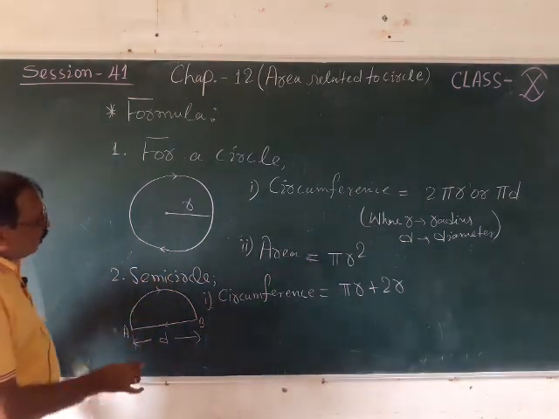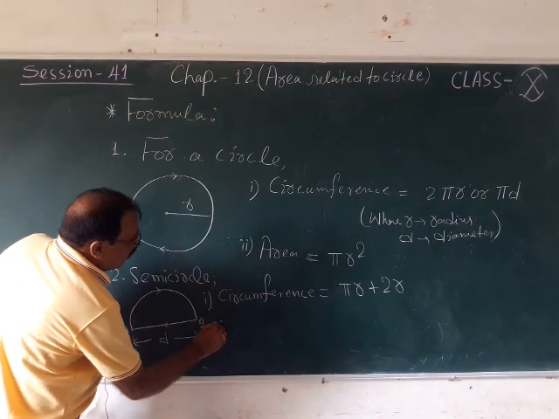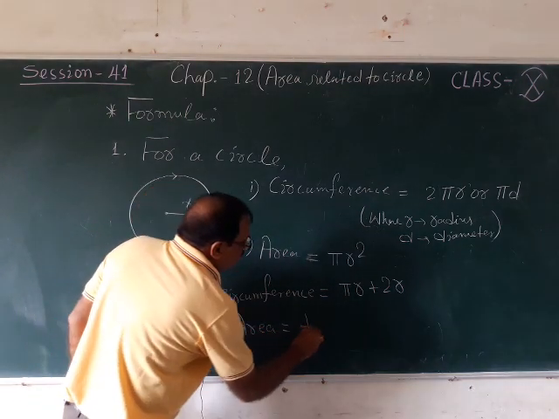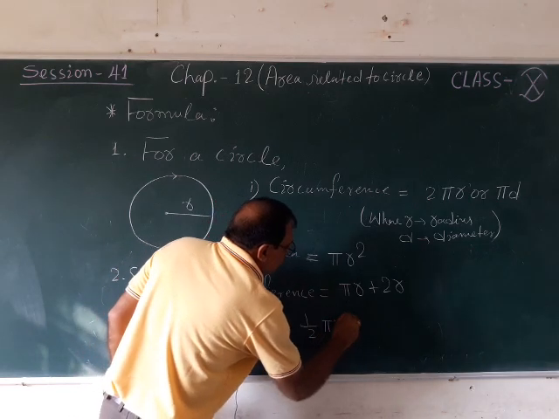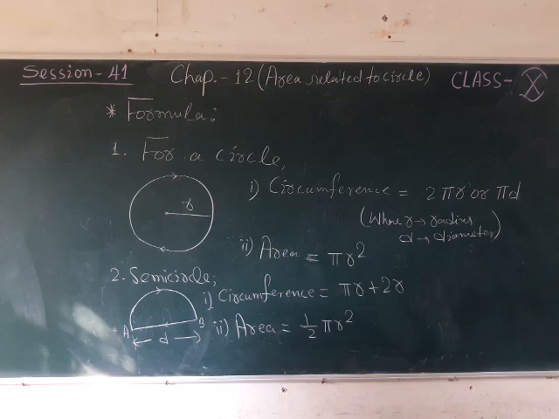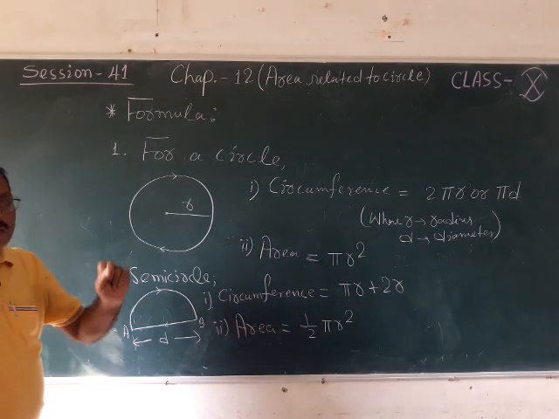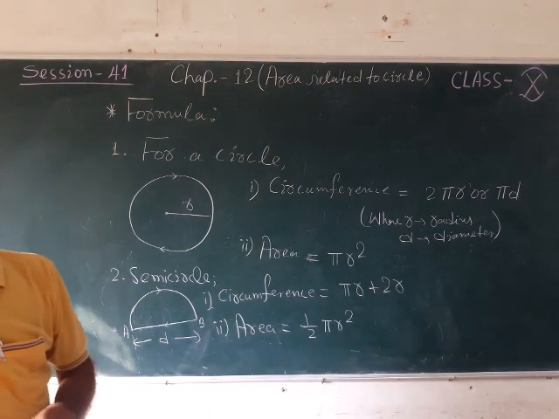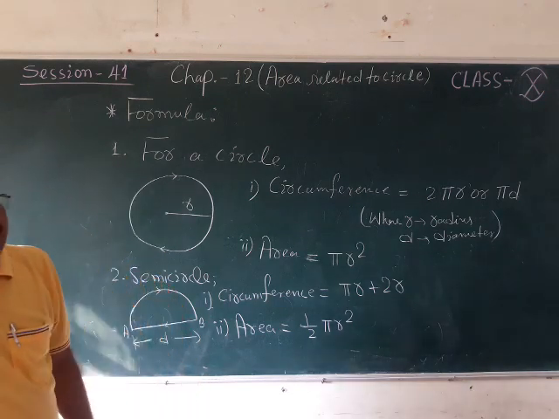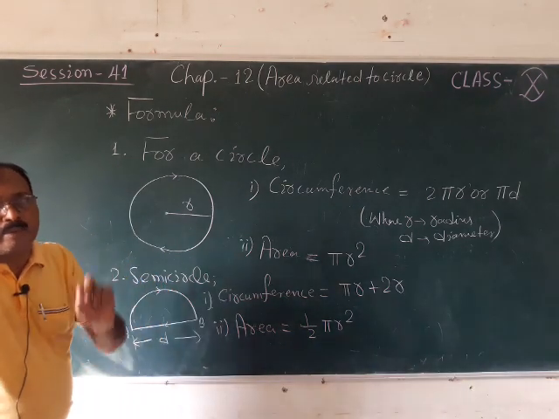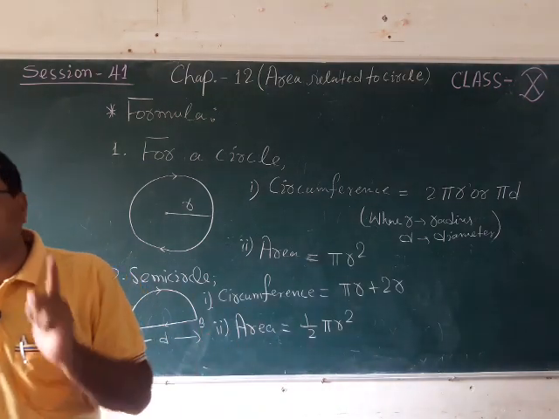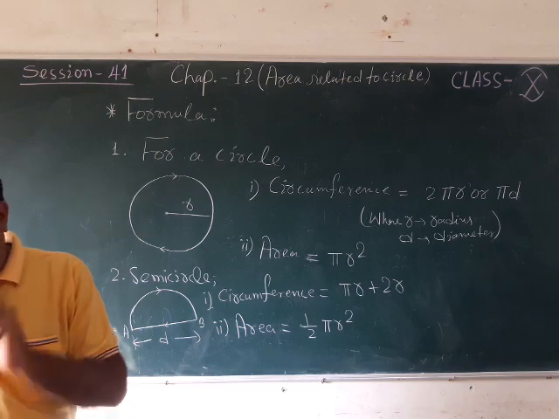And if you want to find the area of the semicircle, that will be the half of the area of a circle, that means half pi r square. These things you have to note down as a formula, and you are also aware that value of pi is always 22/7 until and unless any other value, that means decimal value, is given in your question, then you can use pi equal to 22/7 only there.